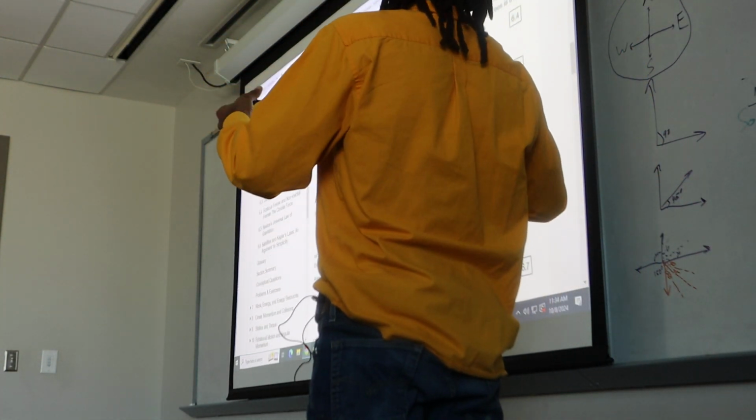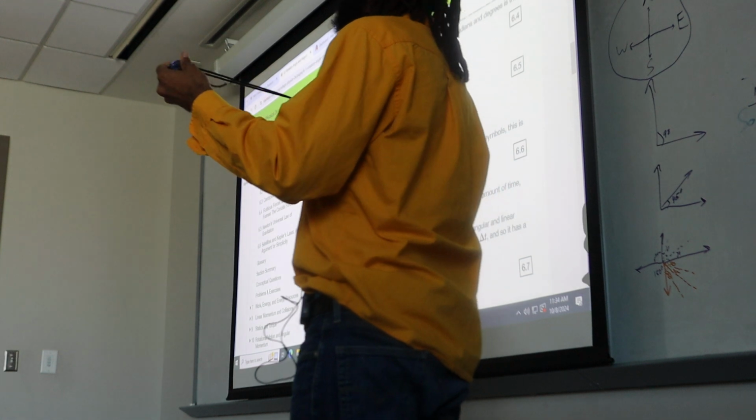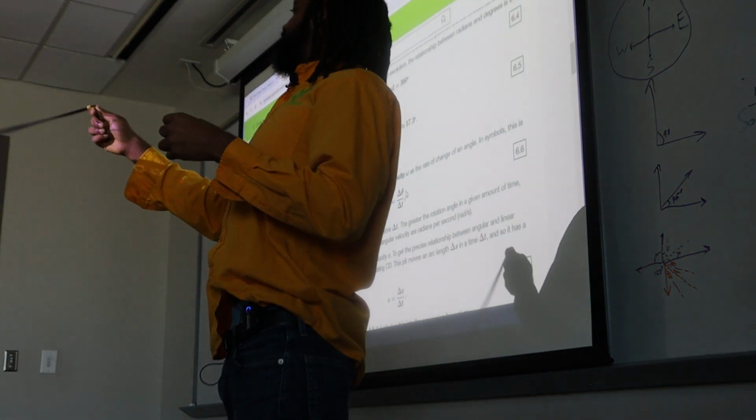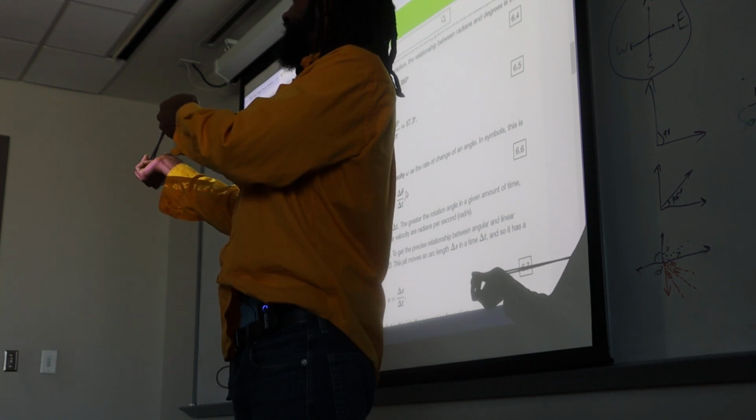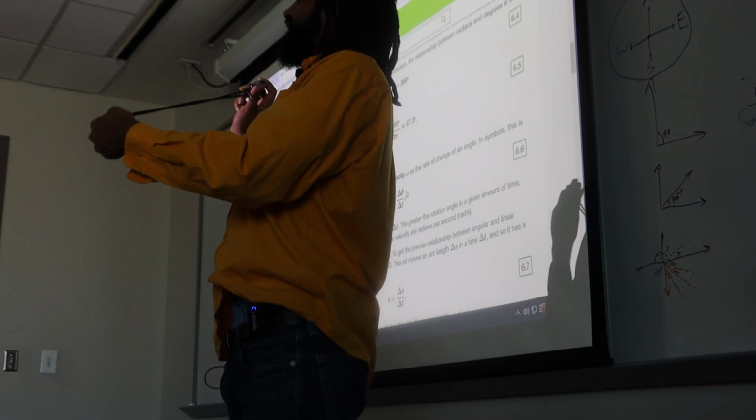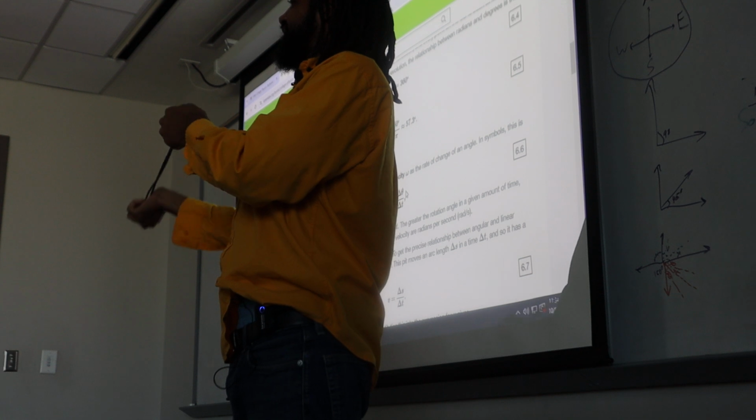So how fast is this object rotating? I'm thinking that what we could do is try to get from this point right here and see what it looks like as a full revolution.